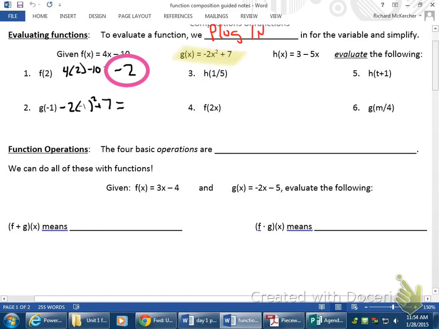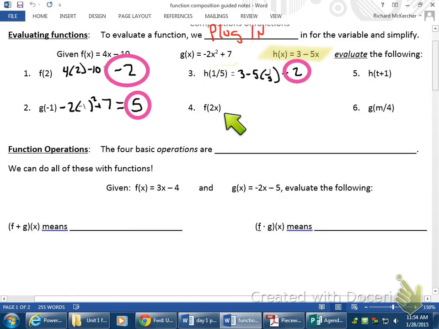I'm careful with my substitution and I just follow through, use my calculator or the order of operations, end up with 5. On the third one, notice I'm using h, so I'm going to use the h function there, and I end up getting a 2. That's simple substitution. You guys have done that for years now.